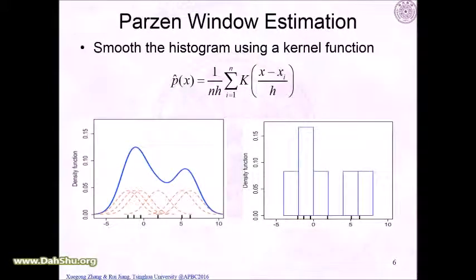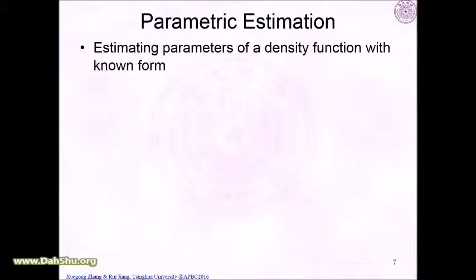So a smooth version of the non-parametric estimation is the so-called Parzen window estimation. In statistics, you may call it kernel estimation. For each training sample, we get a kernel, and we sum up all the kernels and normalize them to get the density estimation. Those are the non-parametric estimations.